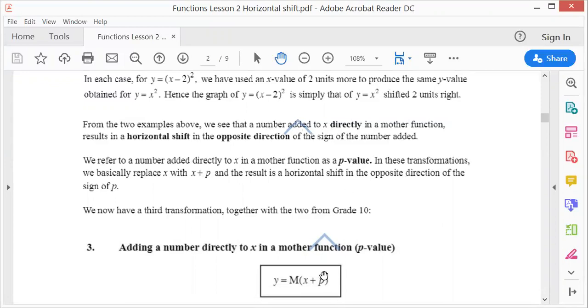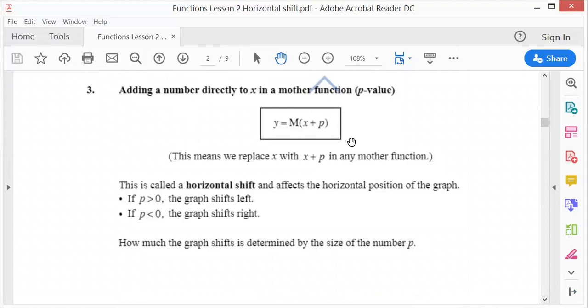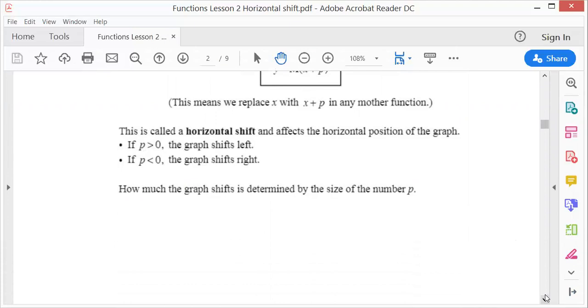This p here, the p in the formula. So in these transformations, we basically replace x with x + p, and the result is a horizontal shift. So please take note of that. So all of this explains what happens with x + p. And of course, if p is positive, the graph shifts left. If p is negative, the graph shifts to the right.